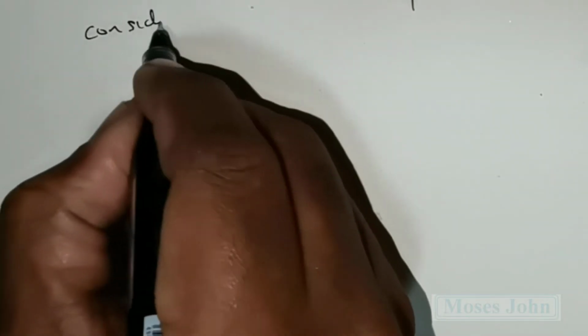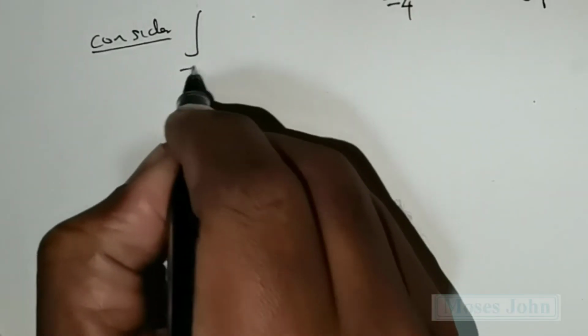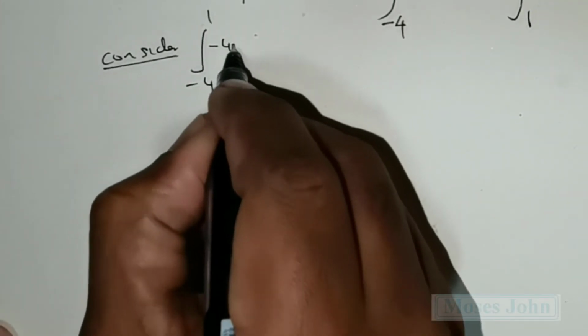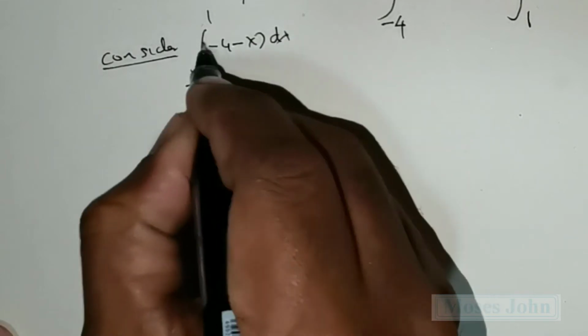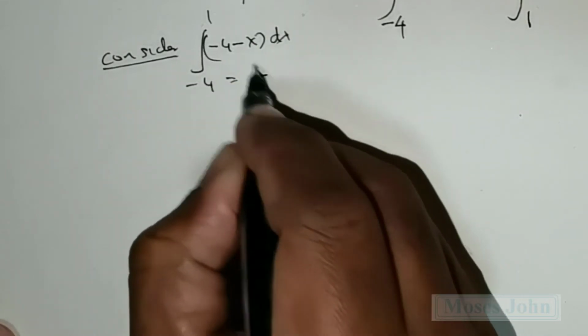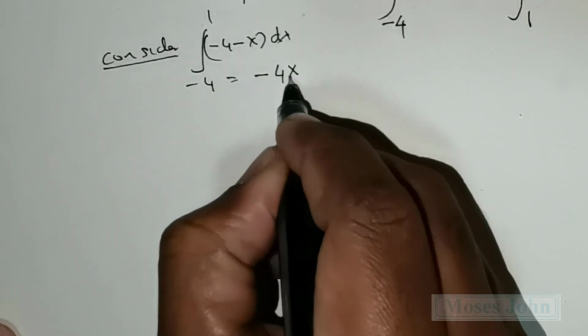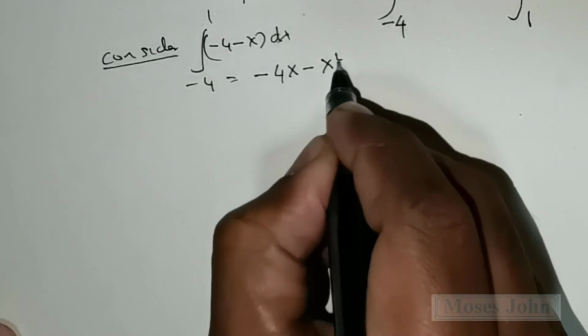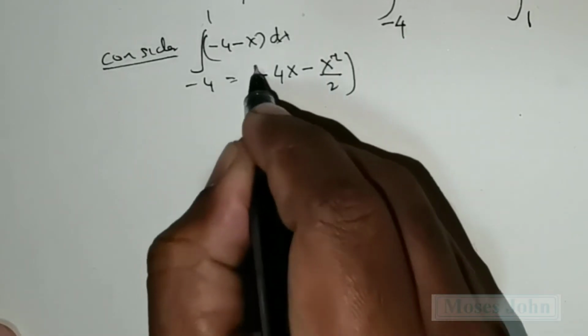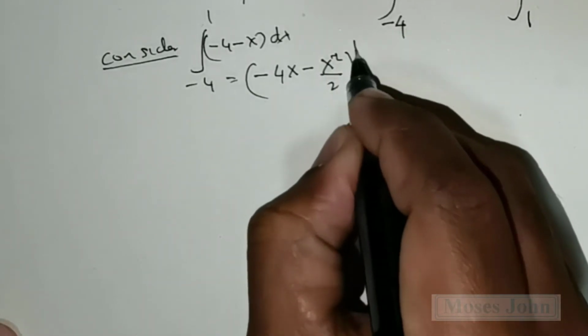So now integrating, I'm going to consider the integral from −4 to 1 of (−4 − x) dx. When you integrate this, you get −4x − x²/2. The limits are −4 to 1.